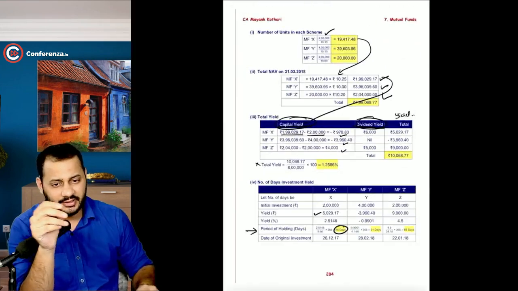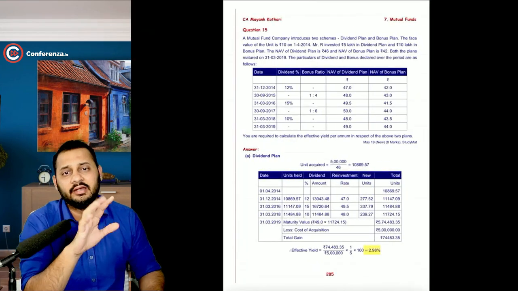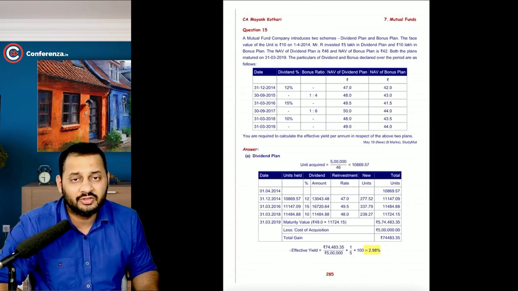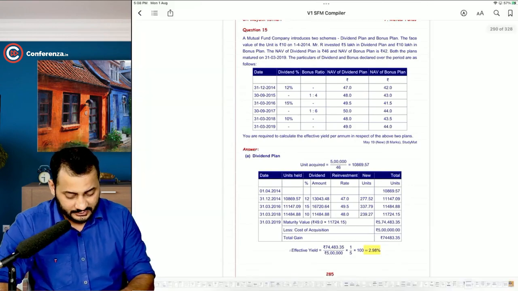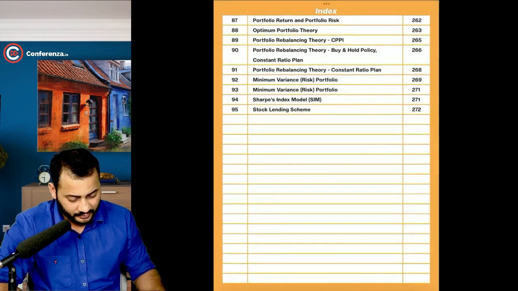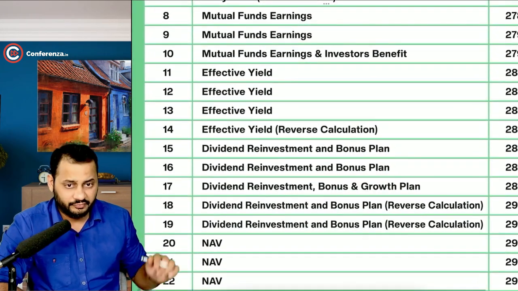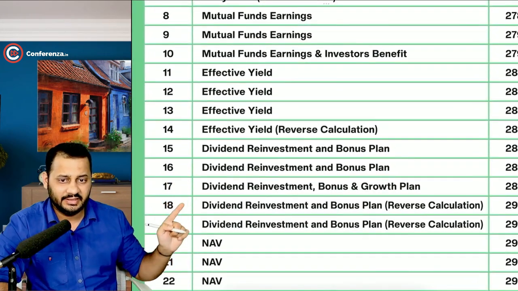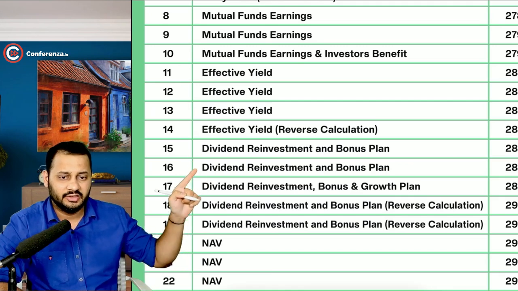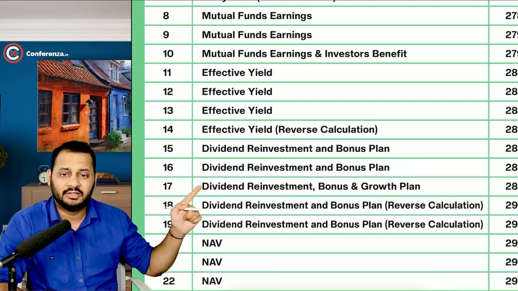Okay, let's move ahead to the next question now. Questions number 15, 16, 17, 18 and 19. These 5 questions are based on a similar concept. Let's just go through the concept sheet to have an idea about it. All these 5 questions are based on dividend reinvestment, bonus plan and growth plan.